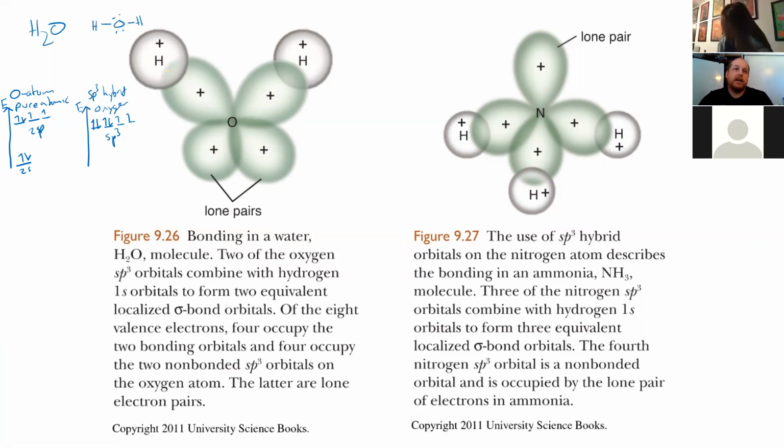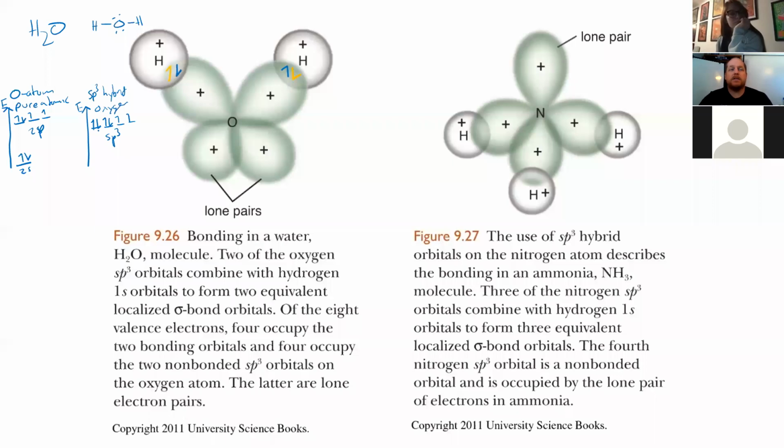Now, if I think about the bonding in this molecule, each of the hydrogens is going to donate 1 electron to the bond between the oxygen and the hydrogen atoms, and the oxygen's going to provide the other electron in the bond. All right, so there's my bond between the hydrogen and oxygen.